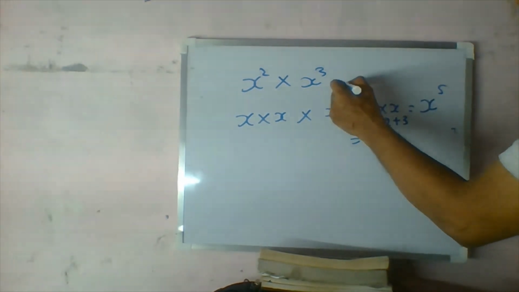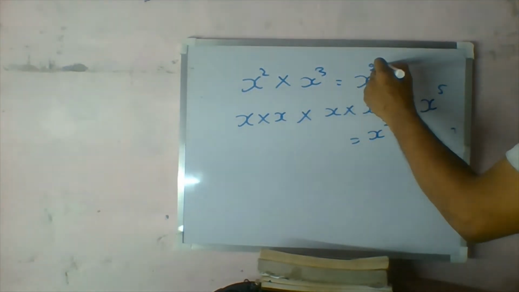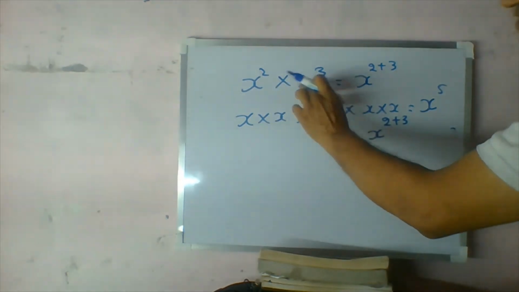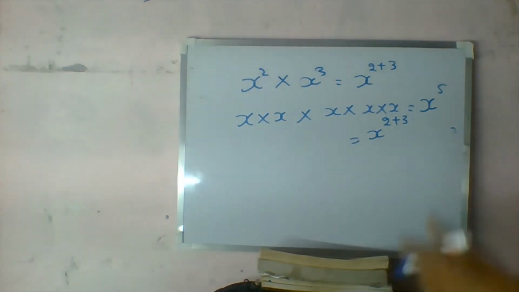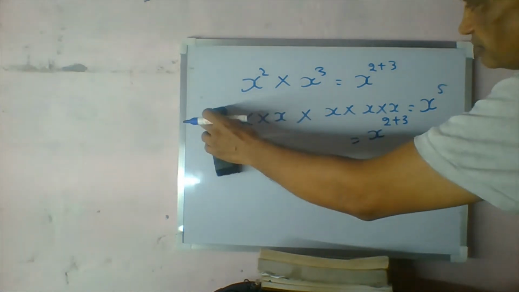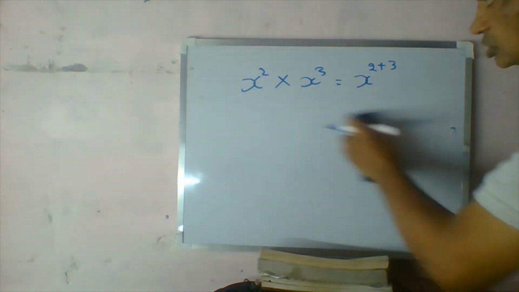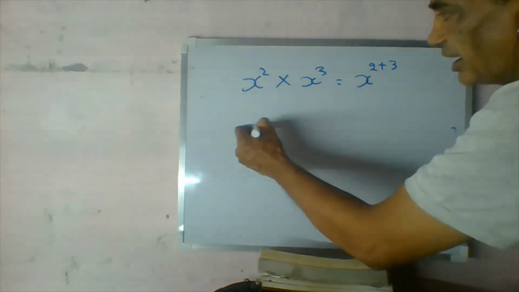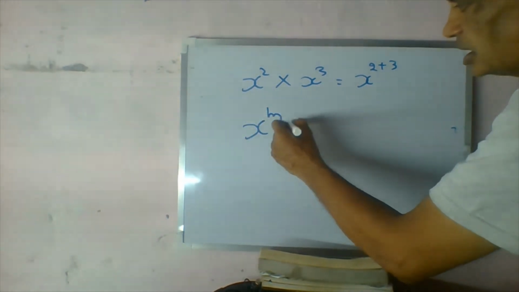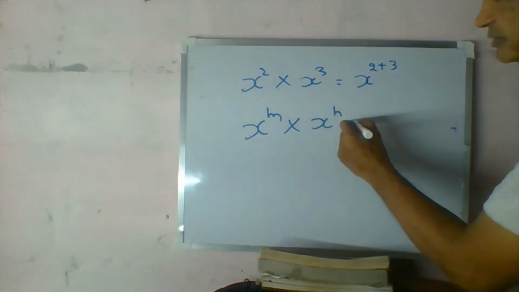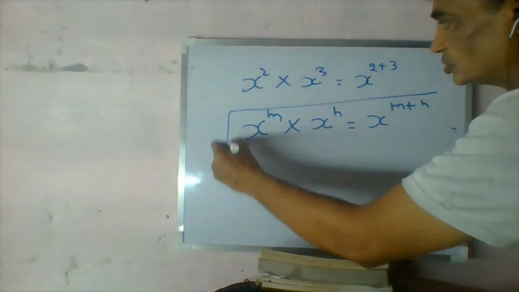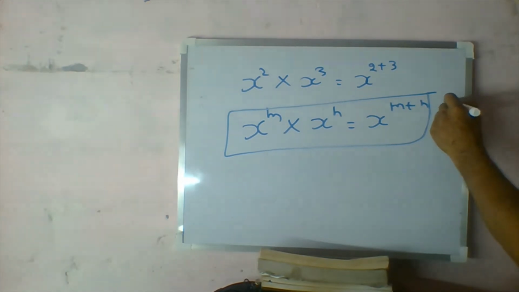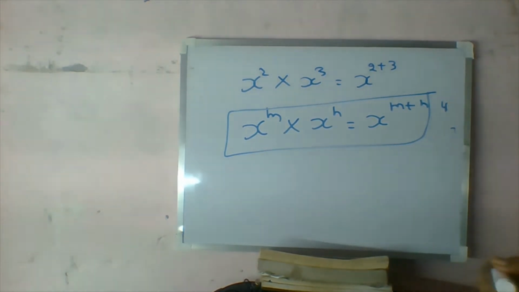So again it gives us the same rule: in case two expressions are multiplied with different powers, then we can add the powers. So it is x raised to power m into x raised to power n, which will be x raised to power m plus n. So this is our fourth part. Last time we had done 3, so this is 4.